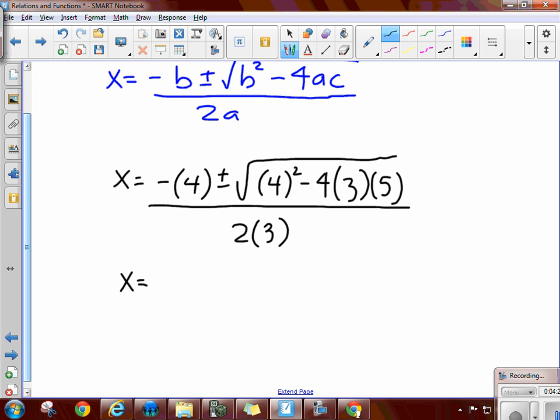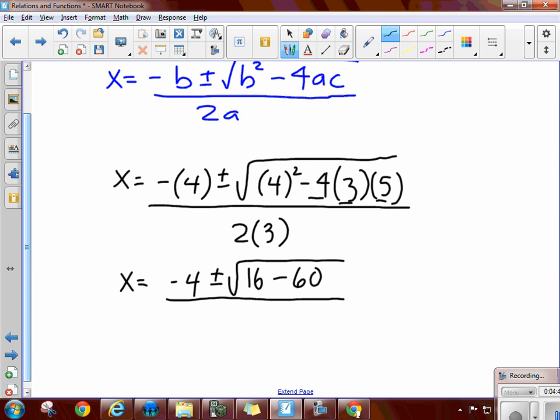Now x equals, we're going to deal with the numerator first. So a negative and a 4 just gets me negative 4. Plus or minus, now we look at the radicand, 4 squared, that's 16. And we look at this part, negative 4 times 3, that's negative 12, times 5, that's negative 60.